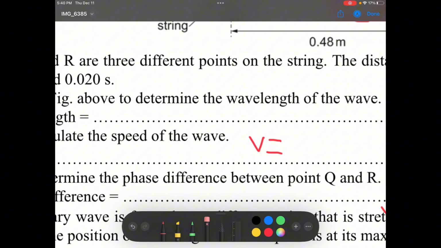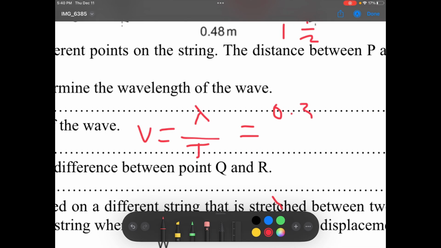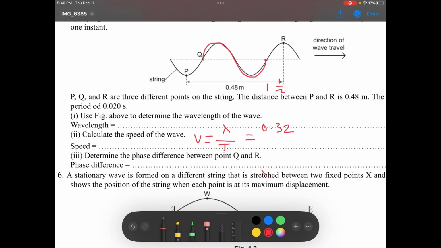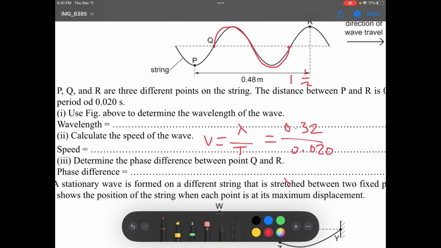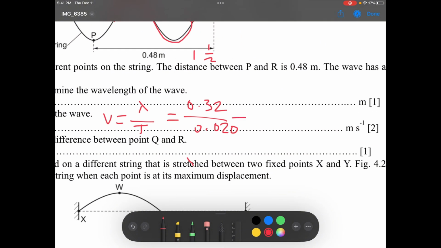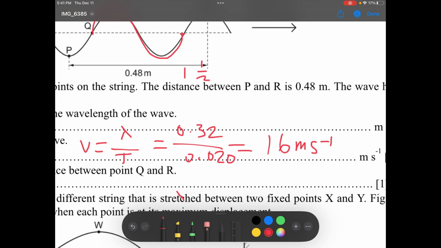Since we don't have F, and F equals 1 over T, we can simply use V equals lambda over T. 0.32 from the answer to this question over 0.020, which was given in the question, which equals 16 meters second minus 1. And that will be the final answer.